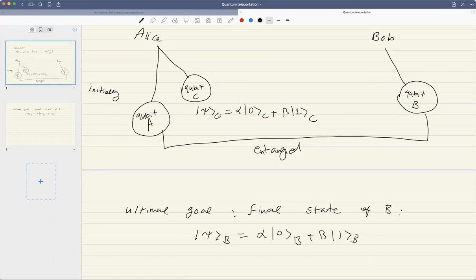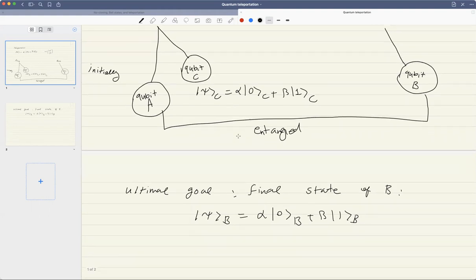And of course, the price we have to pay is that C will no longer be in that state because then we would have cloned B. So what ends up happening is that A and C form some entangled state with each other at the end of the process. Okay, so how is Alice going to achieve this?